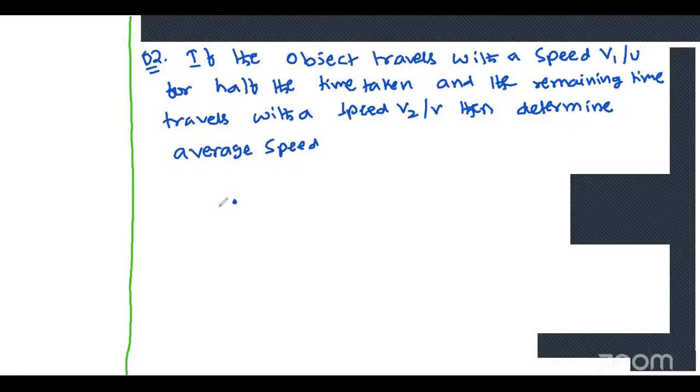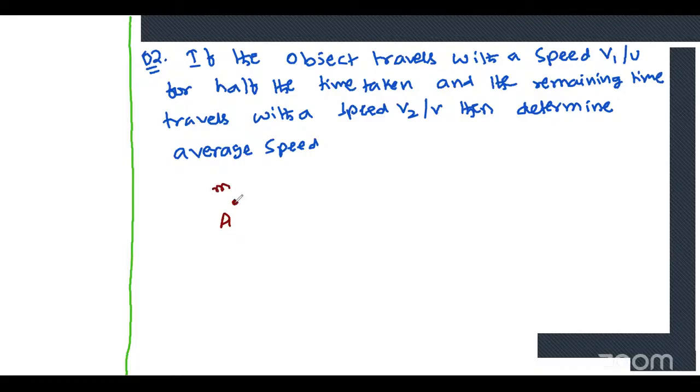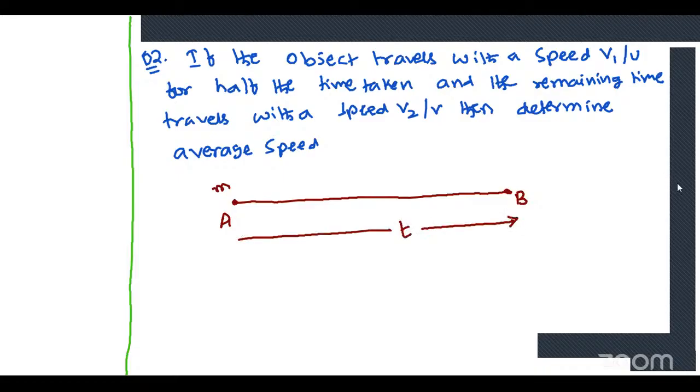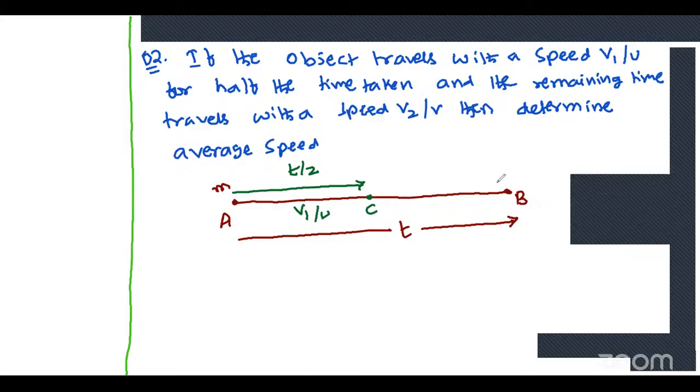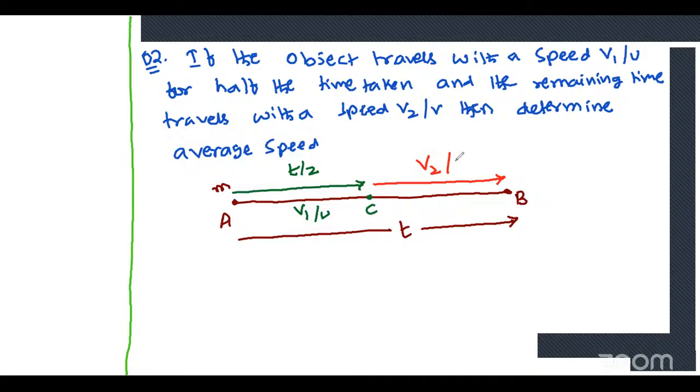We have a particle of mass m at A, which moves to B. The total time is T. Here we have a point C. From A to C, it takes a time T by 2 and moves with a speed V1, that is U. For the remaining time, it moves with a speed V2 or V. So here I know speed and time.